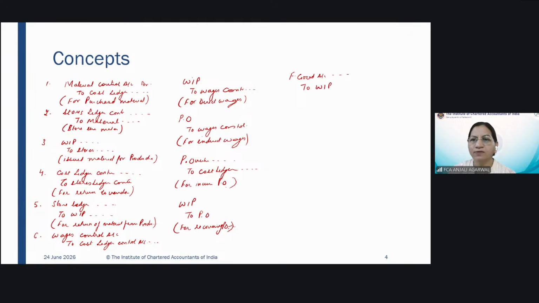Whatever goods are 100% complete will move from the work in progress department, completed goods moving to the finished goods department, to finished goods account. Now you will incur administration overheads.